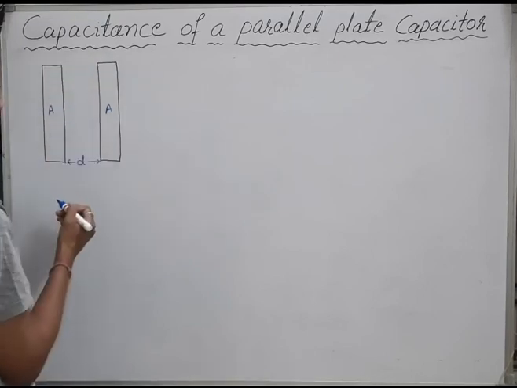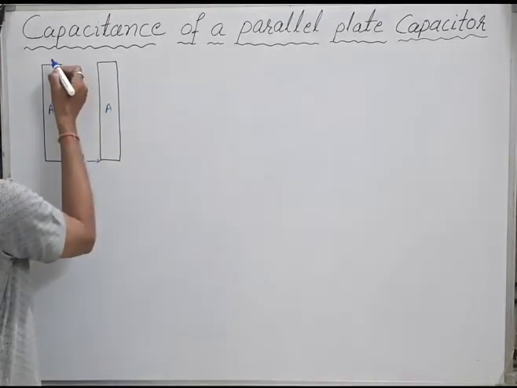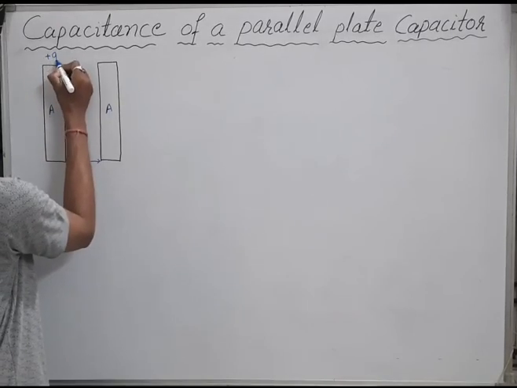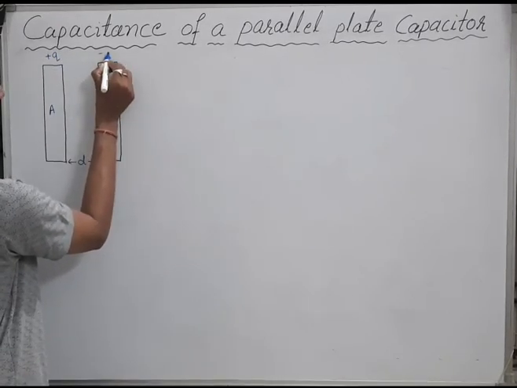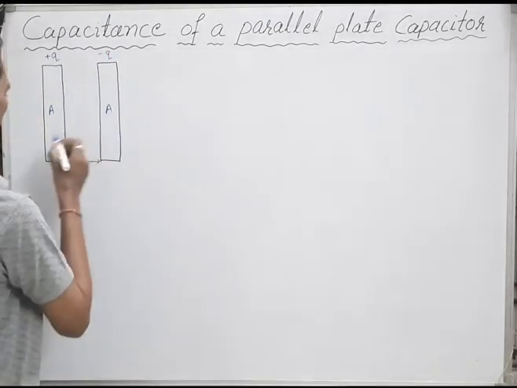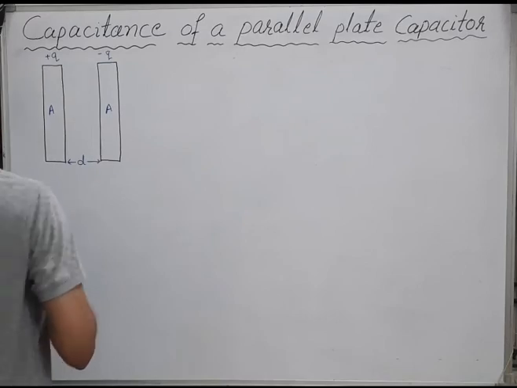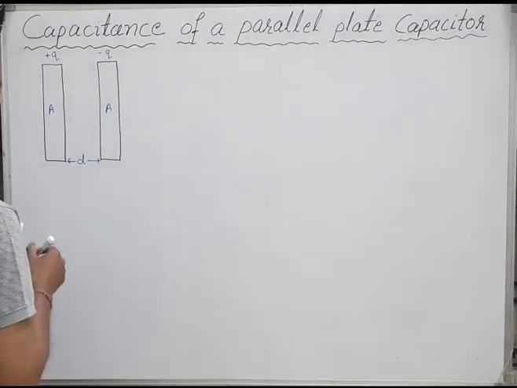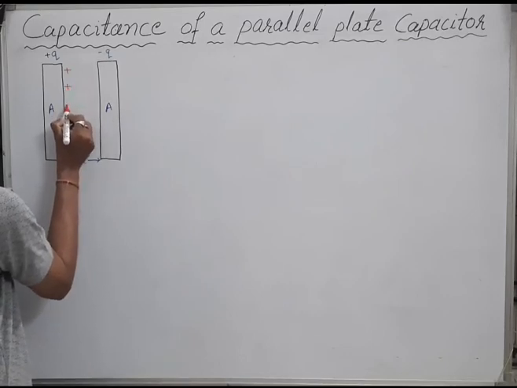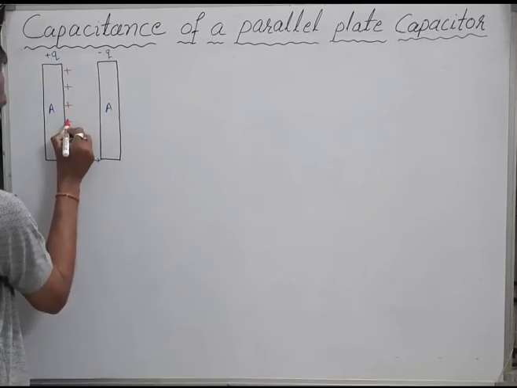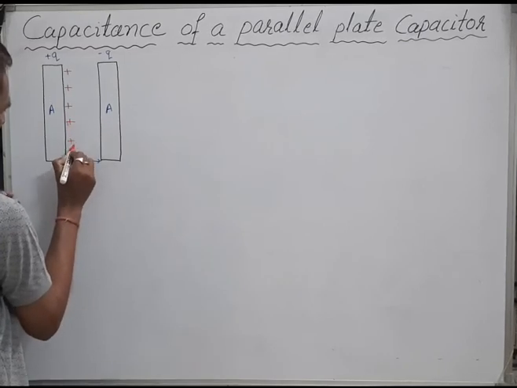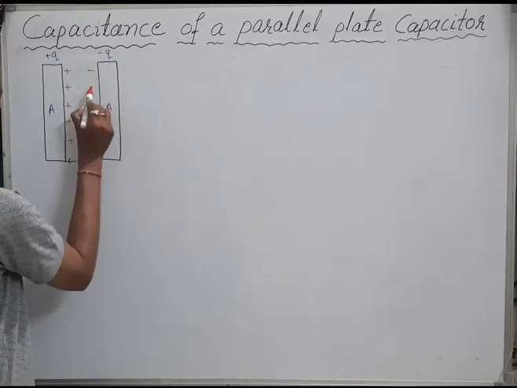One plate is with charge plus Q, another plate is with charge minus Q, and an equal number of charges are placed on each plate, one having positive charges, another having negative charges.